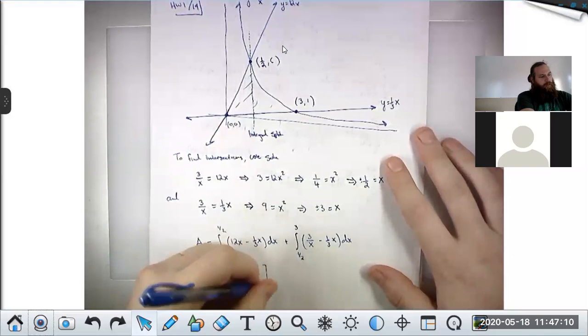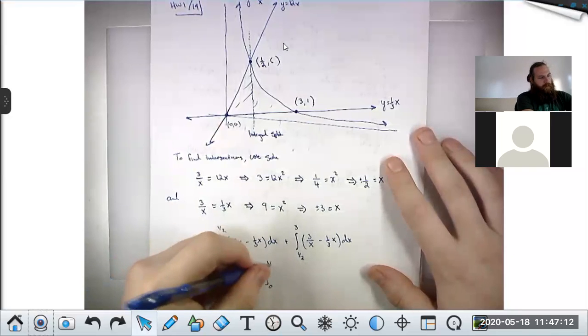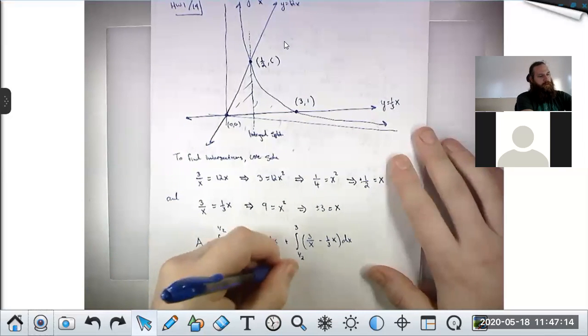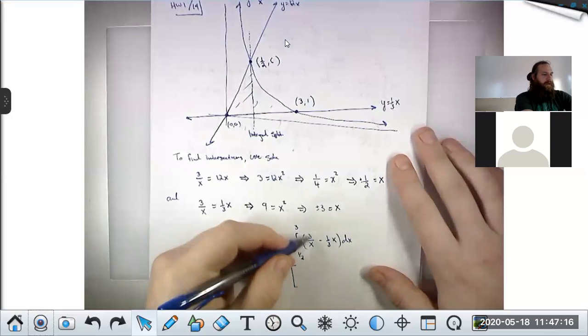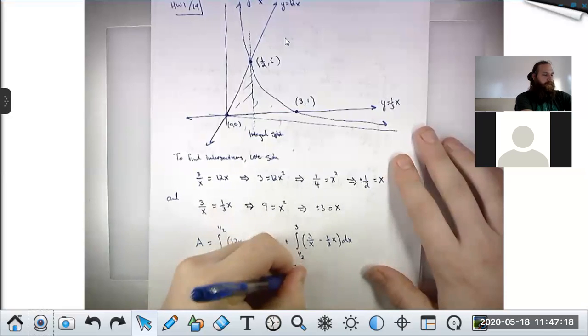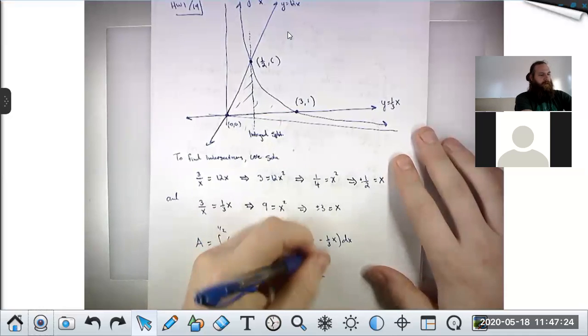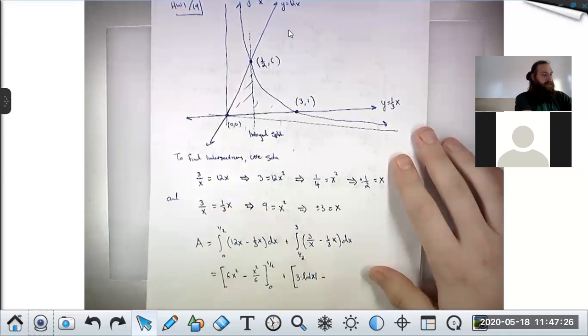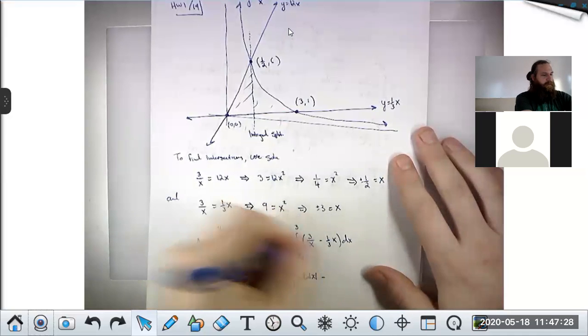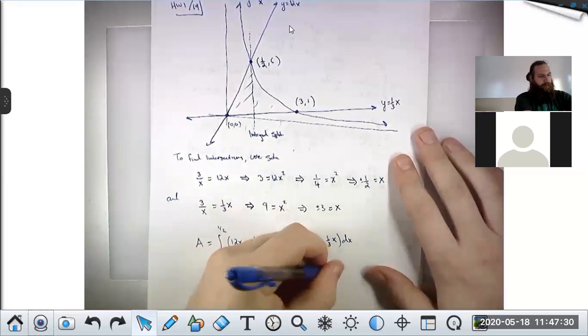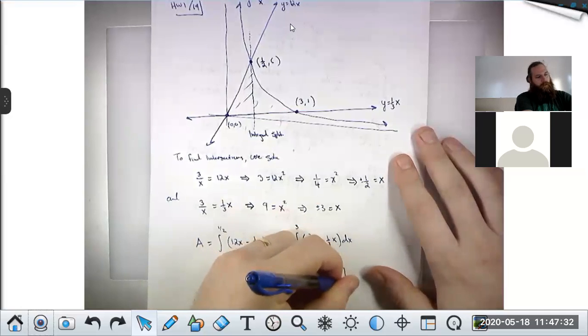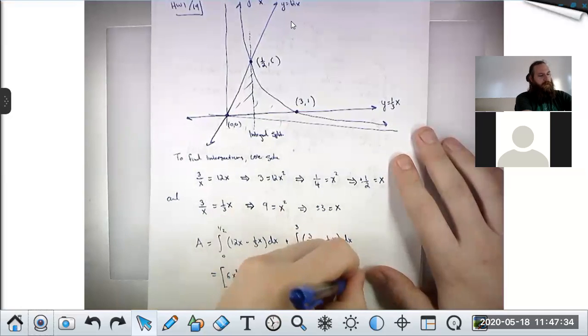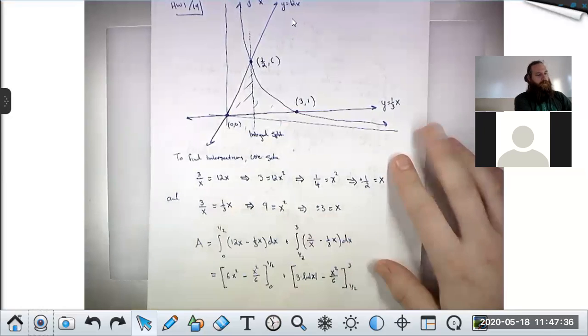And I evaluate those from 0 to 1/2, plus an antiderivative for 3 over x is 3 times the natural log of the absolute value of x, minus an antiderivative for 1/3 x is still x squared over 6. And this piece gets evaluated from 1/2 to 3.